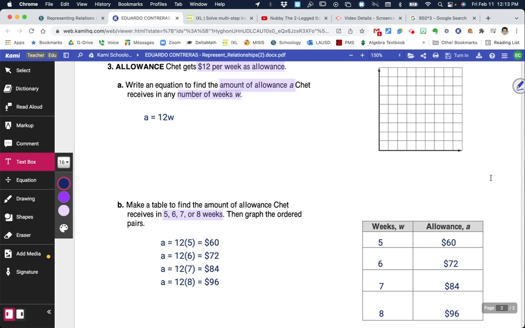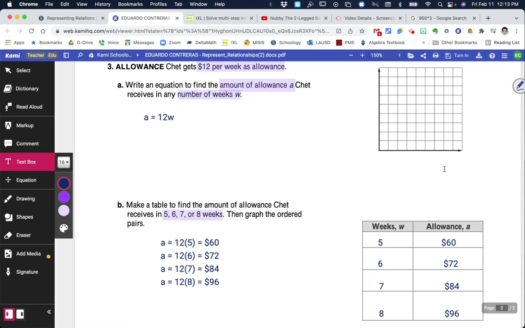If you have information you have to put into a graph, and here we're measuring allowance and time, the number of weeks. Anytime you have units of time, if it's minutes, hours, weeks, years, whatever it is, if time is involved in the problem you're working, time should normally always go on the x-axis. So we're going to measure weeks here, right?